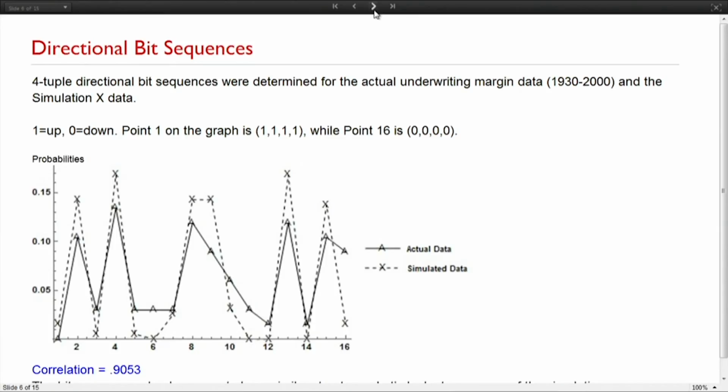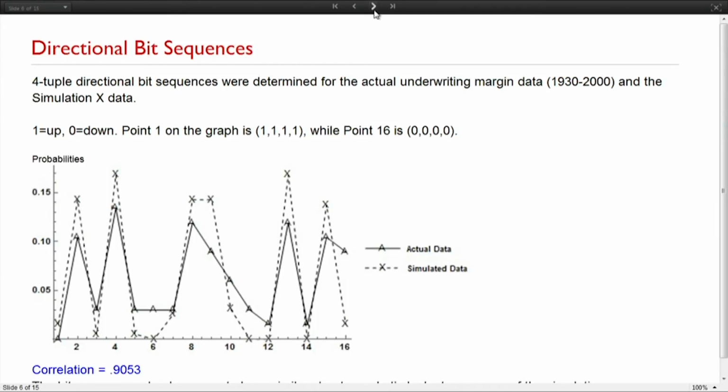So I do a 4-tuple directional bit sequence of the actual underwriting margin and the simulated underwriting margin. 1 is up, 0 is down. So we've got 4 bits in the string, and so there are 16 possibilities. Point 1 is 1, 1, 1, 1, which is up, and then point 16 is down, down, down, down.